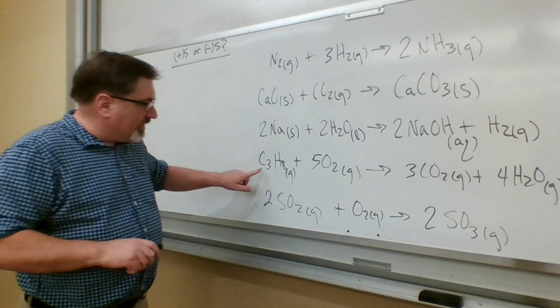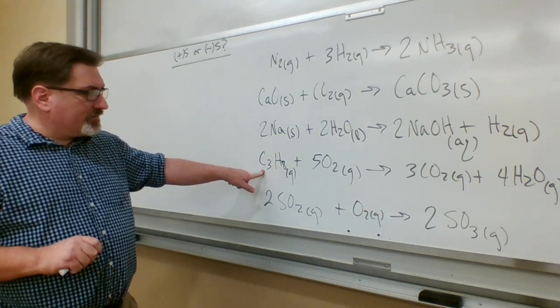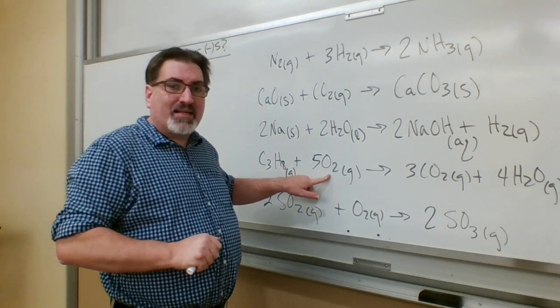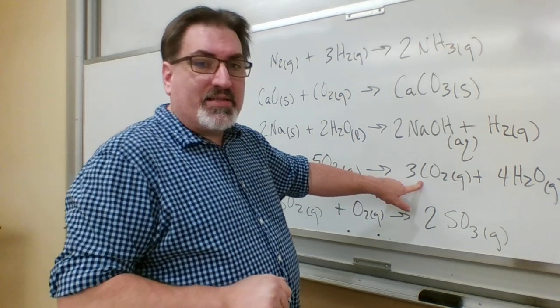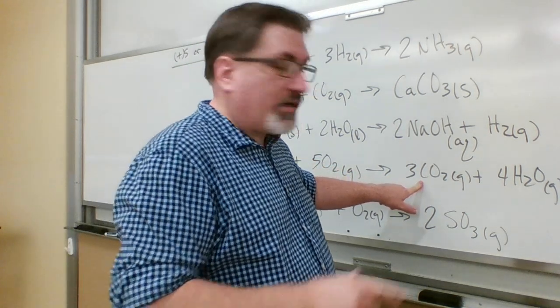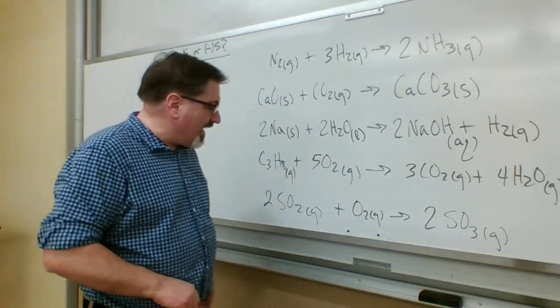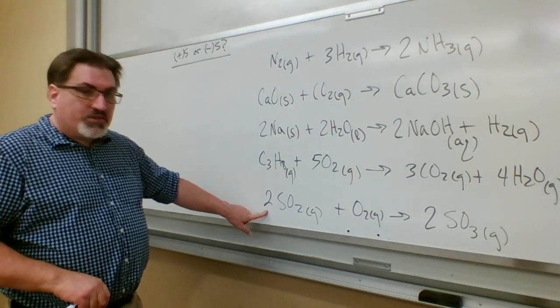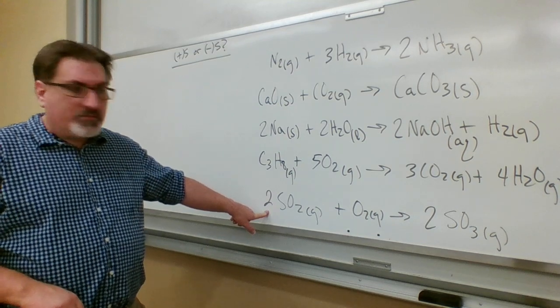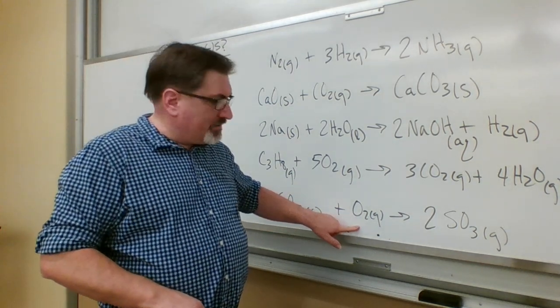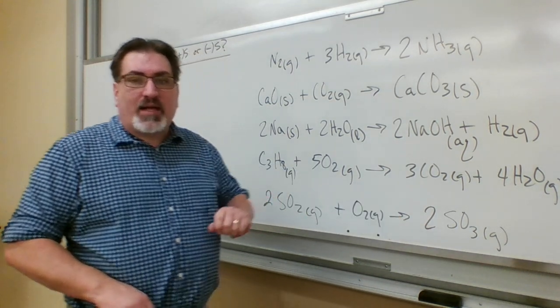Fourth one, C3H8 as a gas plus 5 O2s as a gas makes 3 CO2s as a gas plus 4 H2Os as a gas. And our last one, 2 SO2s as a gas plus O2 as a gas makes 2 SO3s as a gas.